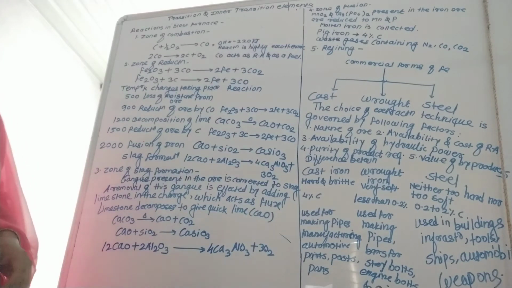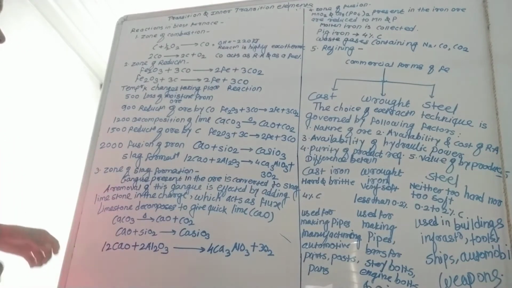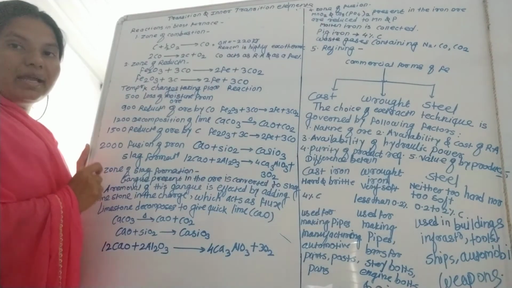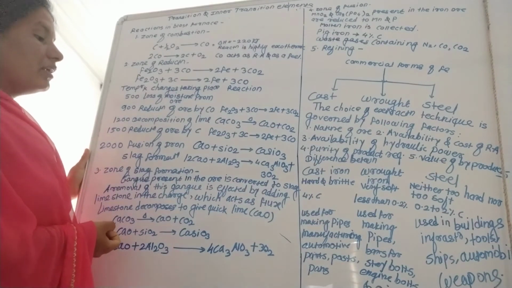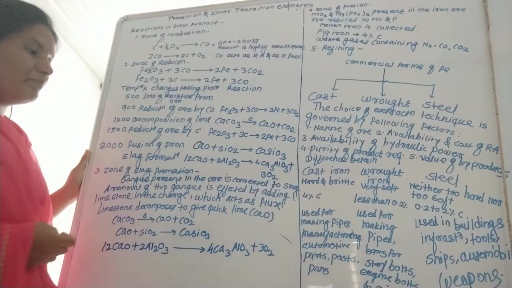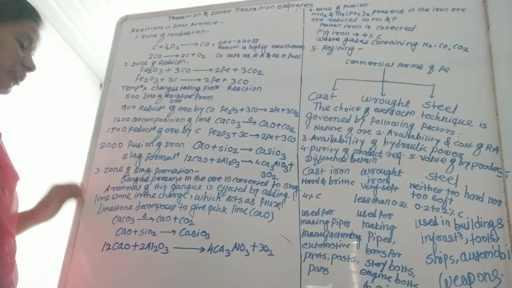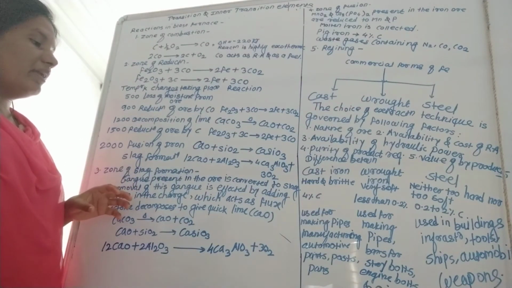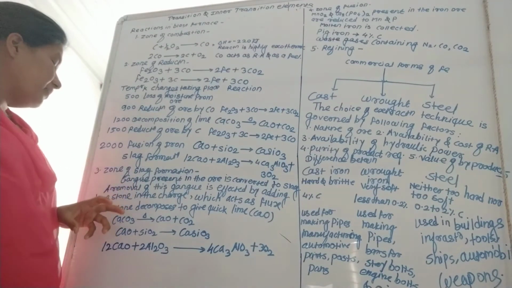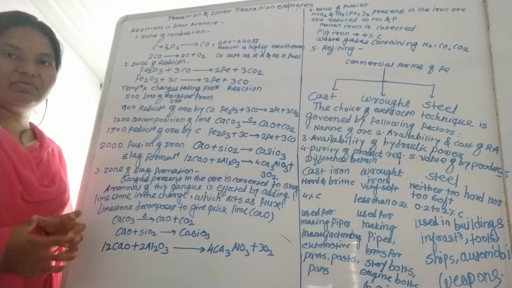What happens in this zone of slag formation? Whatever gangue particles are present in the ore, you can simply add limestone in the charge. You want to remove these gangue particles by adding some limestone in the charge, which acts as a flux.